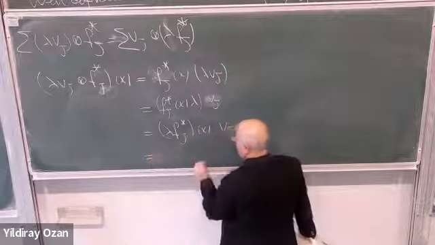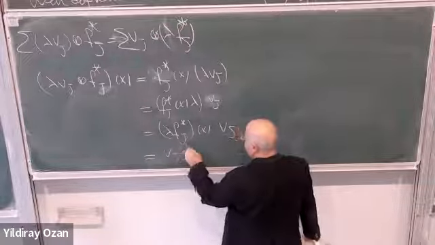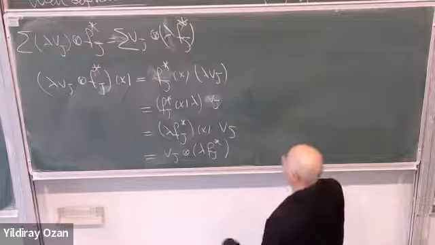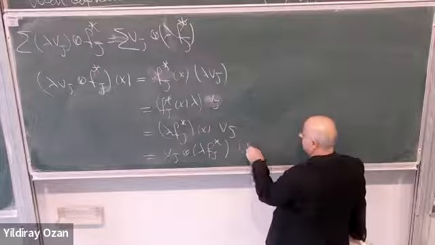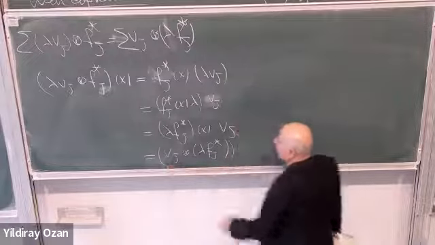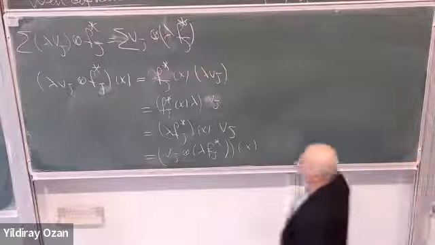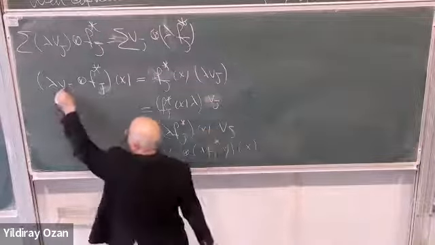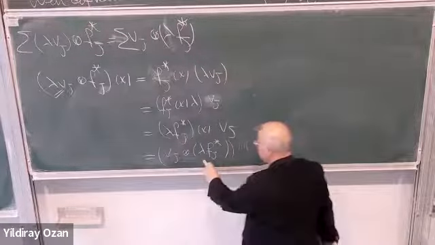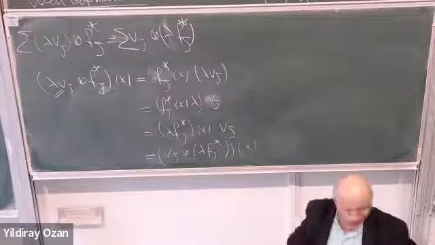This is just V_j tensor lambda F_j star applied to x, right? So this means what? I can put this lambda either in front of V_j or in front of F_j star. I get the same thing.